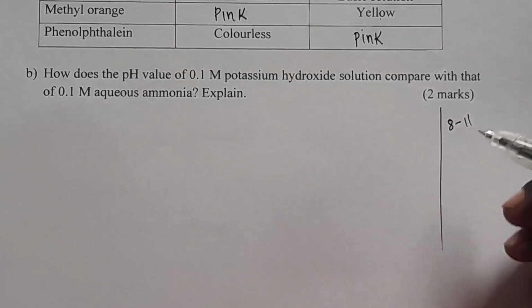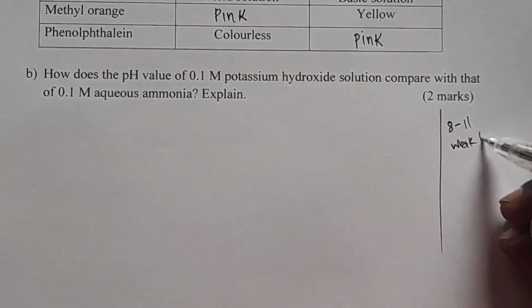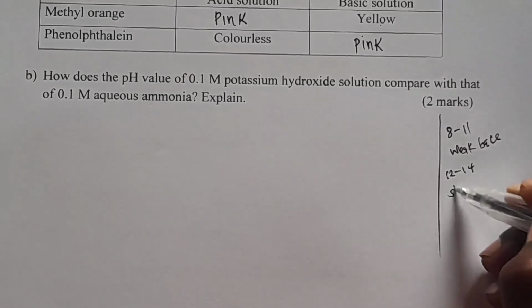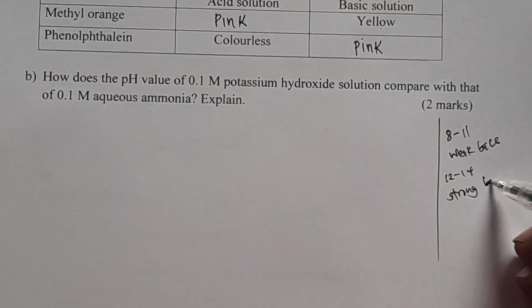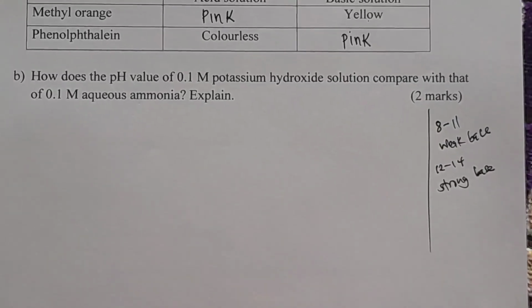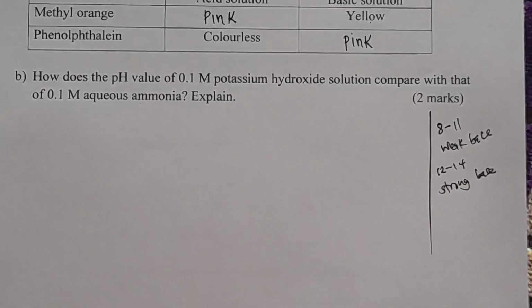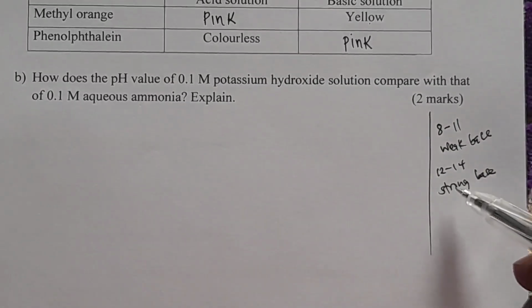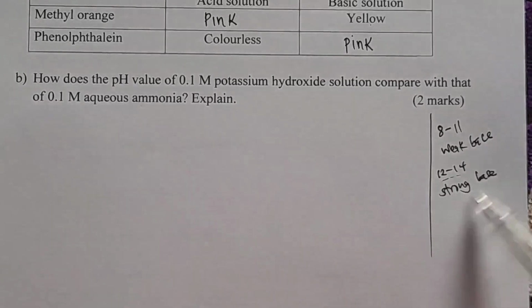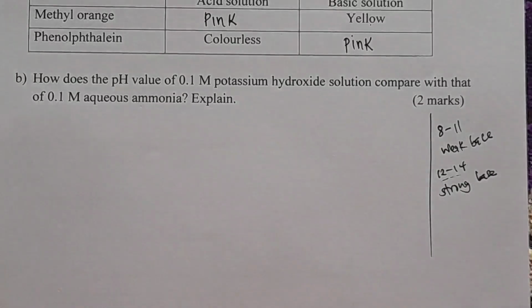From 8 to 11, we were having weak bases. Then from 12 all the way to 14, we were having strong bases. So in our case here, the sodium hydroxide, potassium hydroxide is a strong base, and aqueous ammonia is a weak base. So therefore, we are going to see that 0.1 molar potassium hydroxide has a higher pH value compared to the aqueous ammonia, which is a weak base, hence has a lower pH value. That's what we are supposed to say.